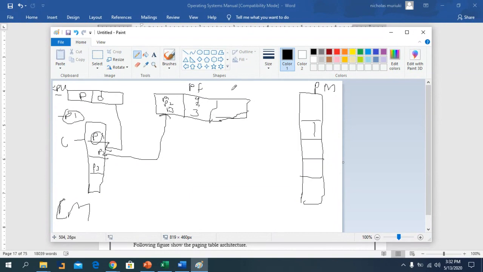Remember, what is determining is the size. Remember, that is what we said about the memory allocation. We require size of the memory. Three.